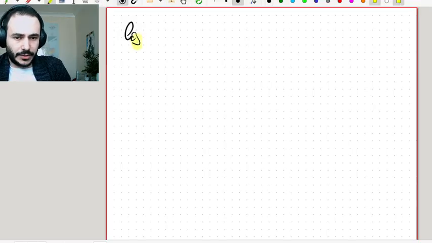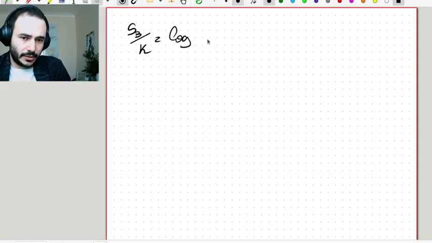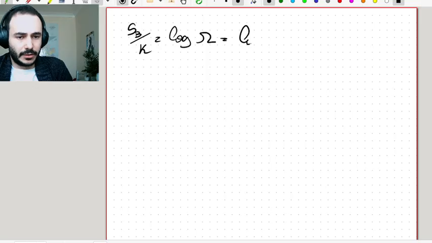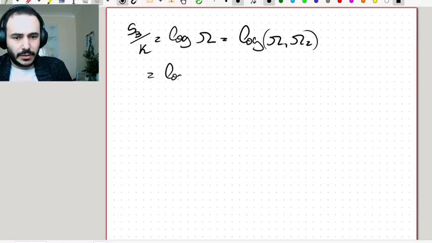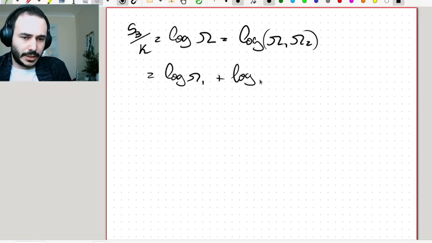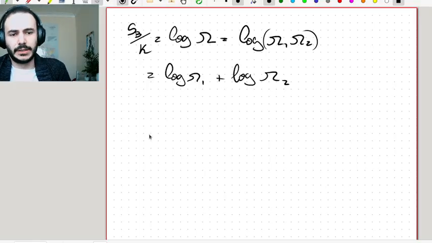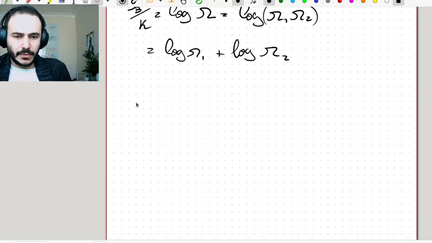The logarithm of that, the Boltzmann entropy divided by k, is the logarithm of the statistical weight of the macrostate, which is the logarithm of the product of the statistical weights, and this is just the sum of the logarithms. So omega 1 plus omega 2. Fine. And these things we have calculated already, right? It's the same expression we know.